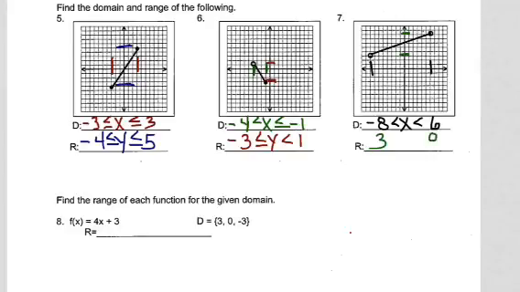The top is positive 8. Again, the circles are open, so on the range, y is greater than 3, but y is less than 8.